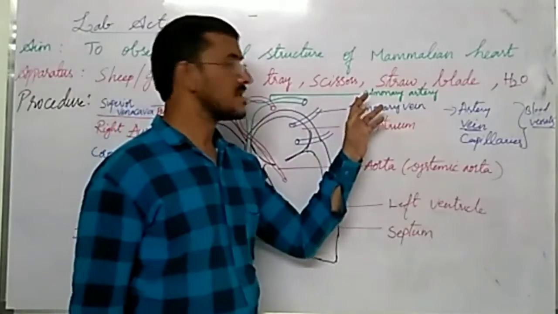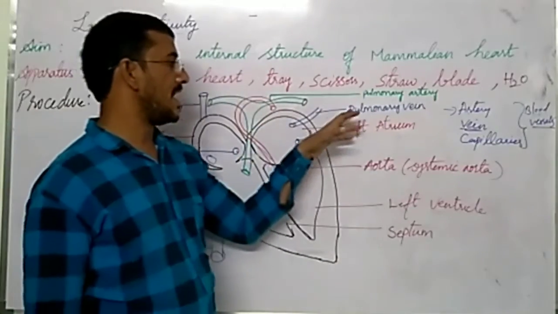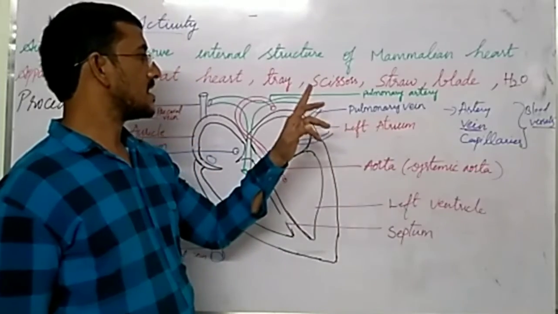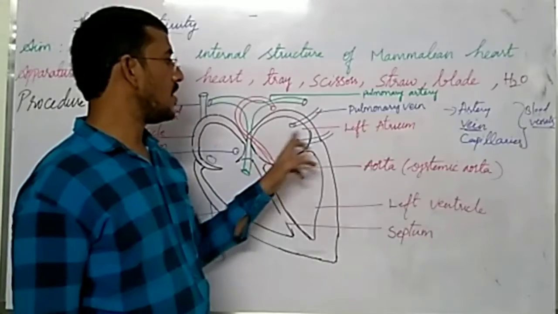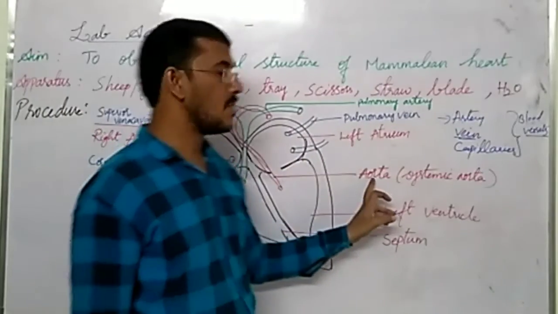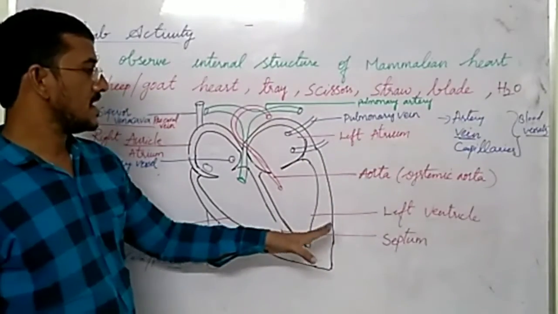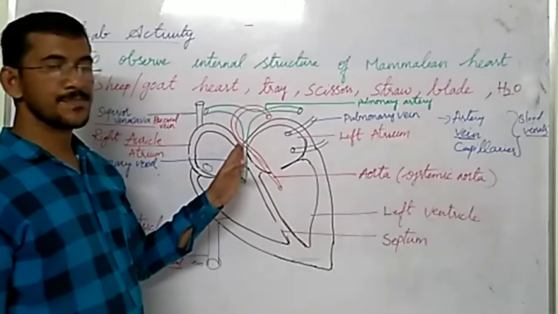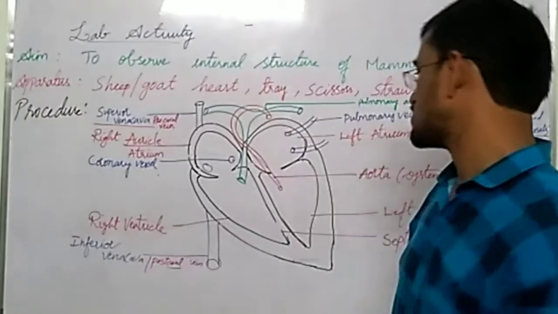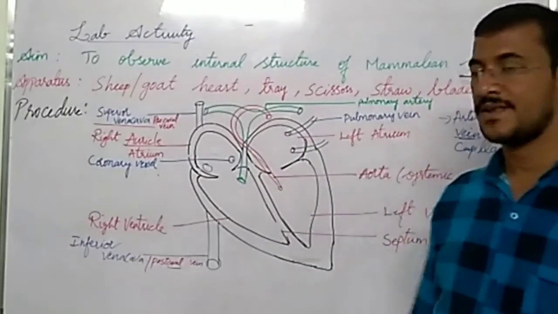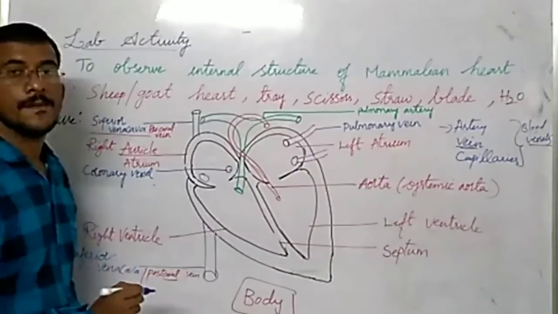And from there, after blood is purified, pulmonary vein is going to bring pure blood to left atrium. Aorta is going to arise from left ventricle. They'll take pure blood and supply to all parts of the body. So these are the blood vessels which are connected to the heart.